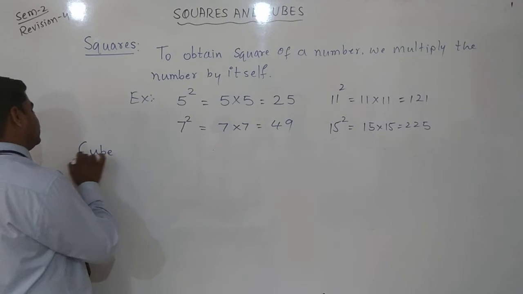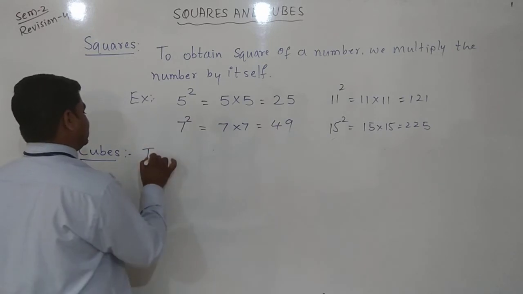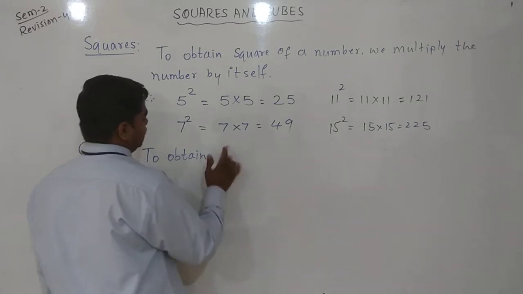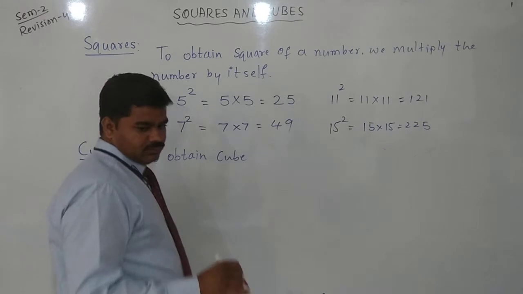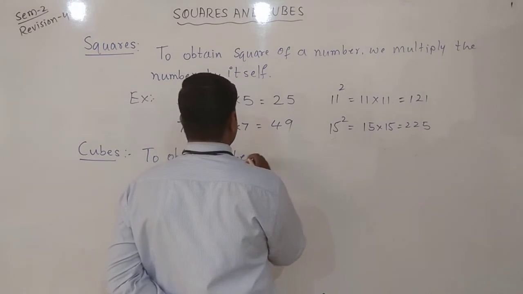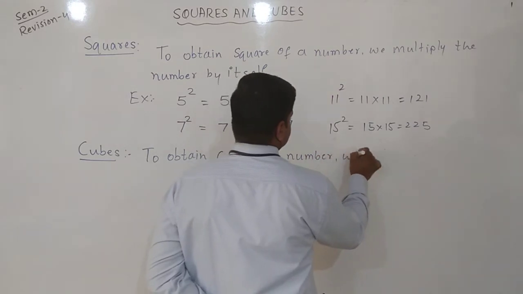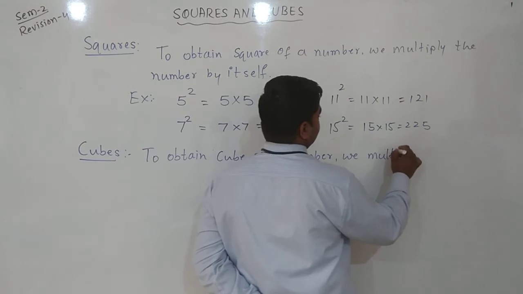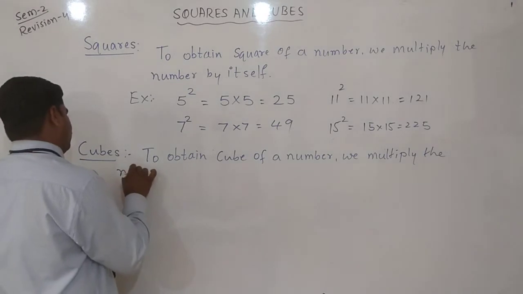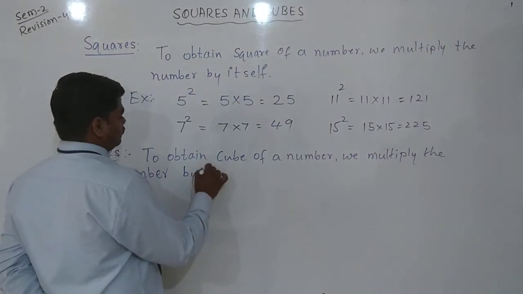To obtain the cube of a number, we multiply the number by itself thrice.